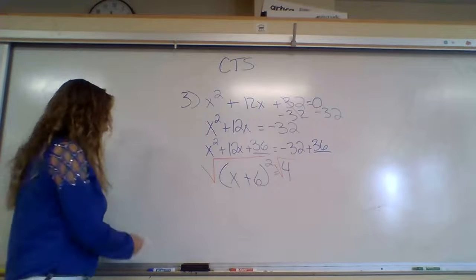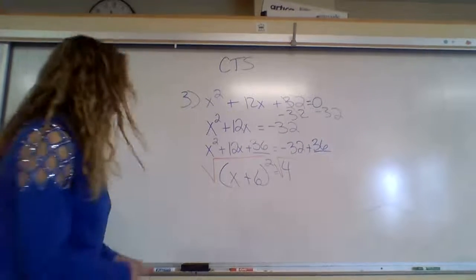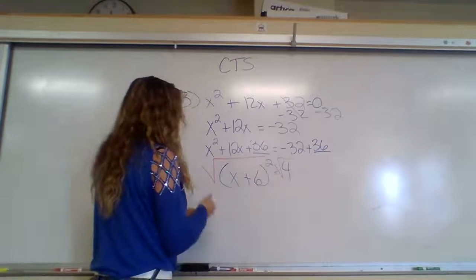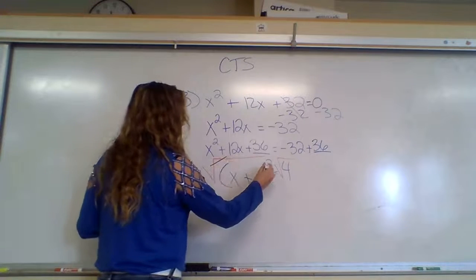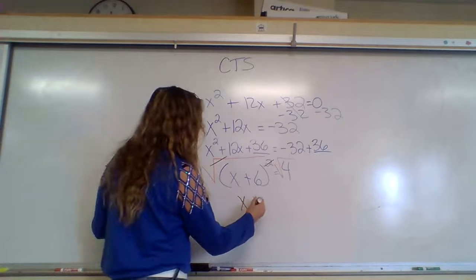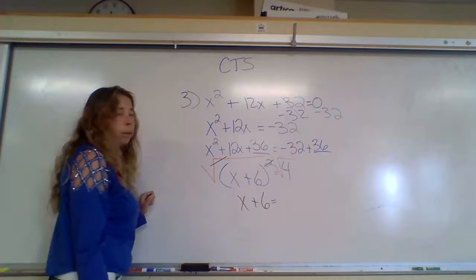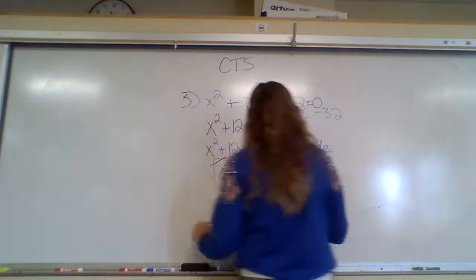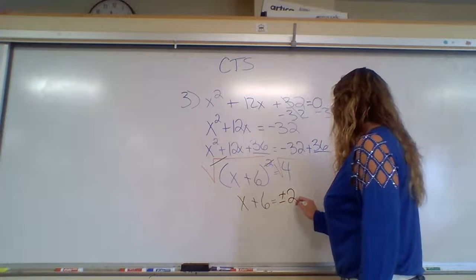The square root and the squared cancel each other out. So you're left with x plus 6, and then the square root of 4, positive, negative 2.